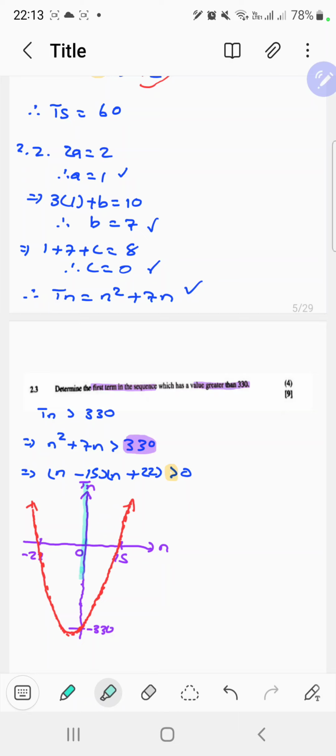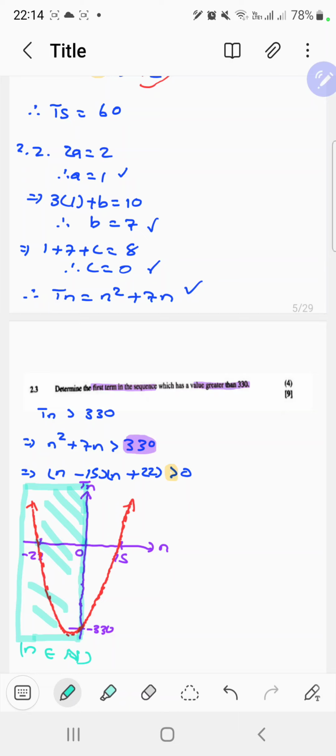Why? Because n is an element of natural numbers. With n being an element of natural numbers, it means n cannot be 0. It starts from 1. So this already tells us that, look, all of this side here is out. All of this is totally out, so we don't have to worry about it.